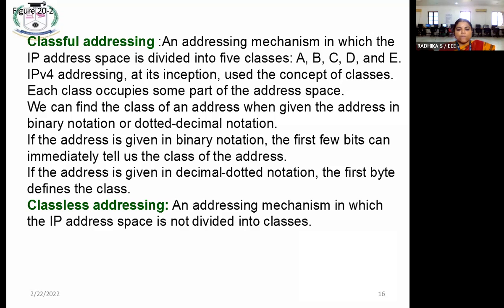We can go in for further subdivision. In classless addressing, we do not divide the address space into classes, and the prefix is variable in nature.